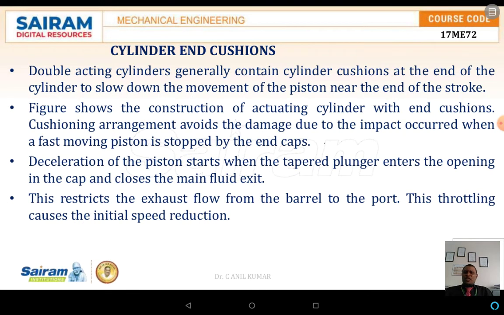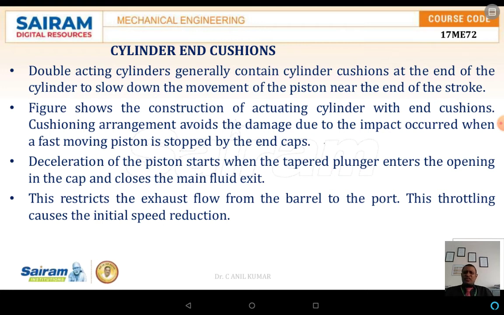Cylinder end cushioning. Any cylinder, whether a single acting cylinder or a double acting cylinder, should have cushioning. If the cushioning is there, the landing of the piston will be smoother, especially in the case of deceleration or in the return stroke, where the piston starts when the trapped plunger enters the opening in the cap and closes the main fluid exits.